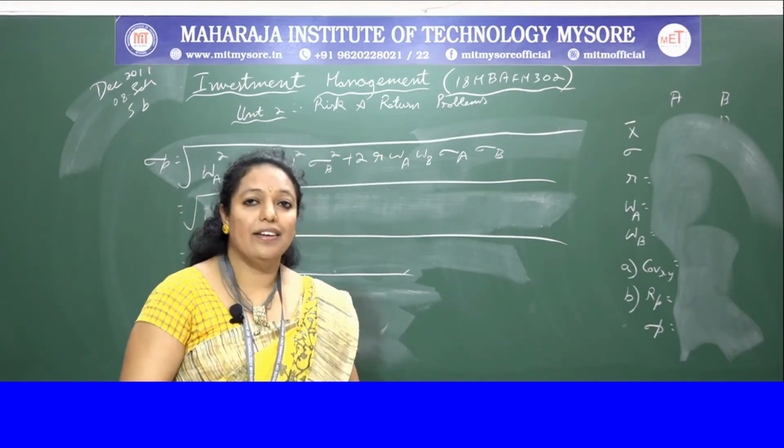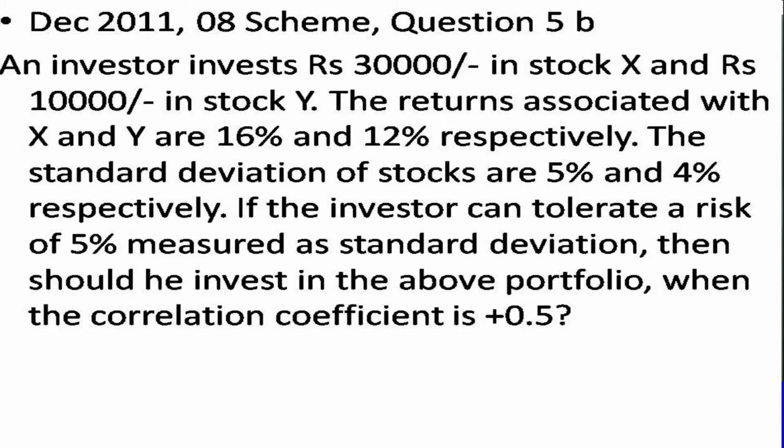I'll read out the problem for you. An investor invests rupees 30,000 in stock X and 10,000 in stock Y. The return associated with X and Y is 16% and 12%. So return they have given 16% and 12%. The standard deviation of the stocks are given 5 and 4.